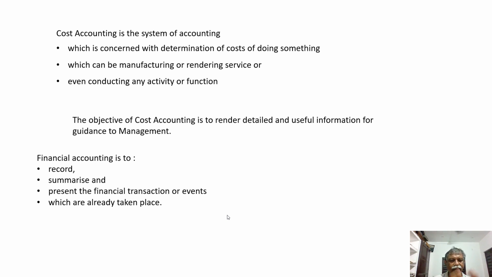If a financial transaction has taken place in a company and it is recorded and summarized, recorded means first we record it in the journal, and to summarize, we have ledgers for each one, and then from this we prepare a trial balance, and from the trial balance we can prepare the profit and loss account and balance sheet, that is called financial statements.